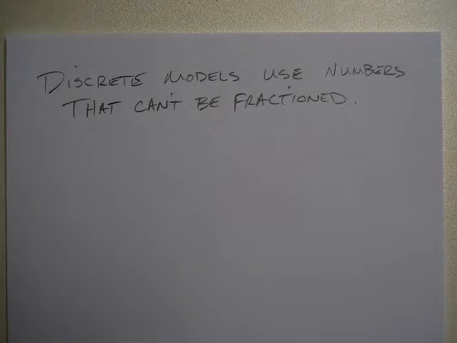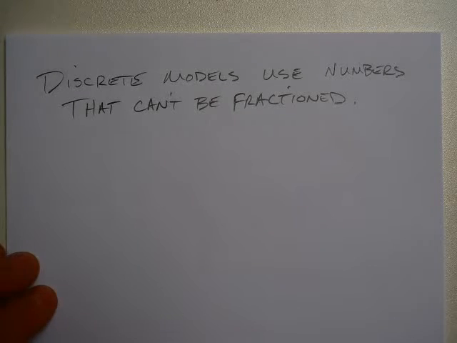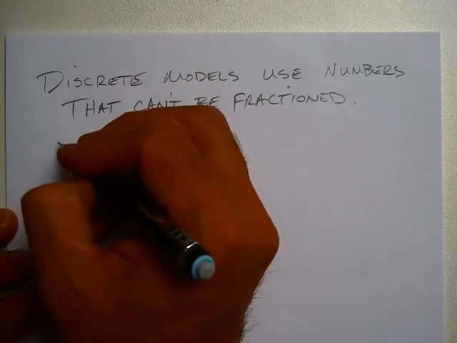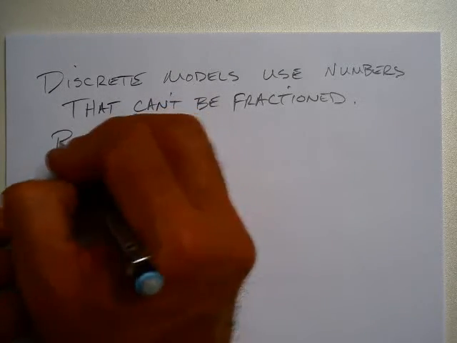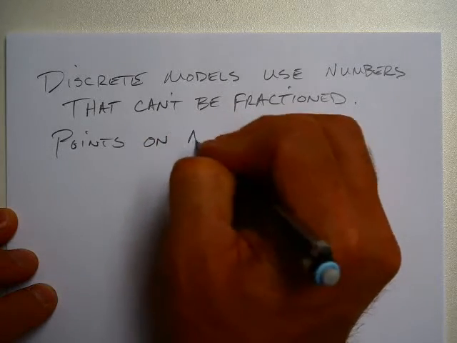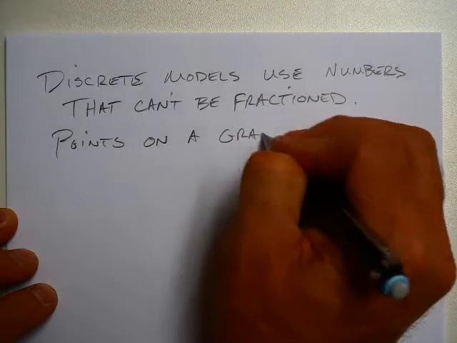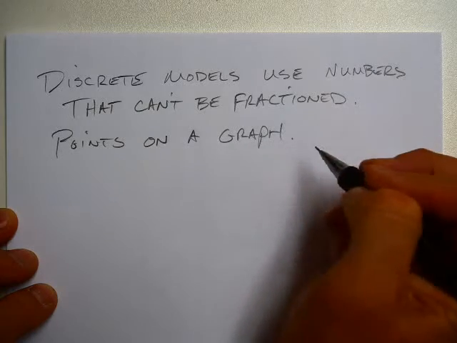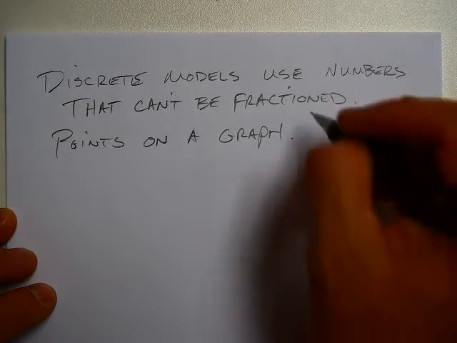So discrete models use numbers that can't be fractioned. They just occur as points on a graph. The points are not connected.